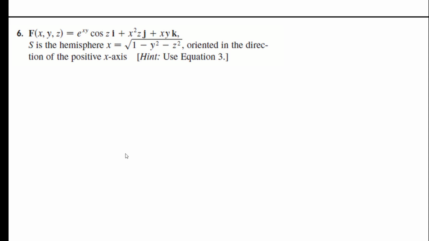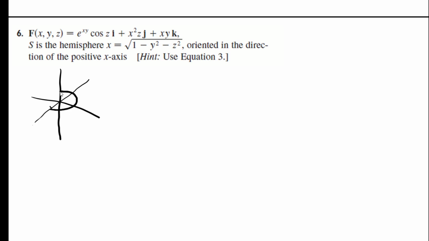What is equation 3? I might have to look that hint up. We'll see. Okay, so here the shape is basically the same, except now it's kind of... I should have done this differently.